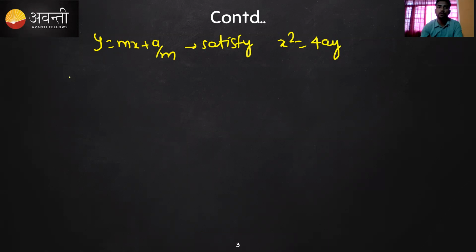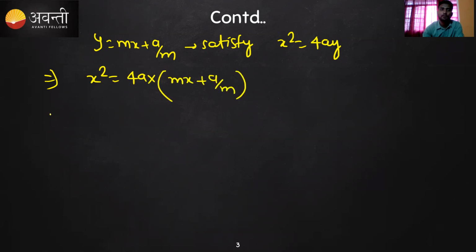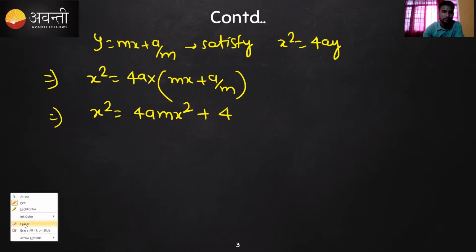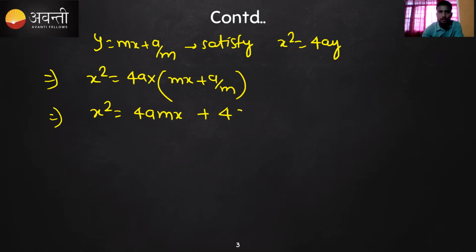So we can write x square is equal to 4a, and in place of y we will write mx plus a by m, because it is satisfying the equation. Simplifying this, we get 4a m into x, and then 4a squared divided by m.